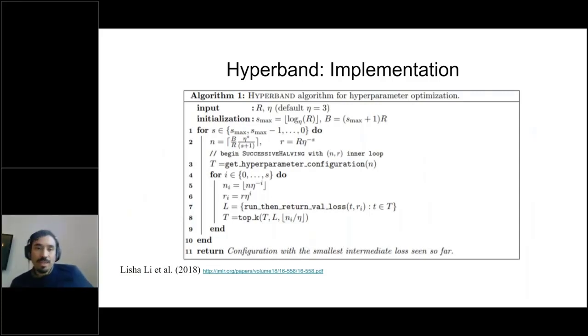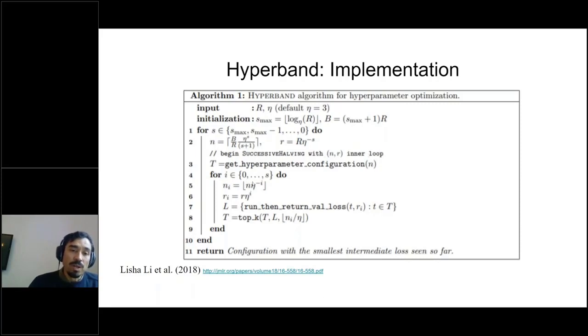So the algorithm looks like this. There are two hyperparameters. The first one, R, stands for resource, and then you have eta. Eta is something that you can see here is used for regulating the proportion of configurations that you want to keep for the next iteration. There are two for loops here. The inner loop is calling successive halving, as you can see here in the comments.